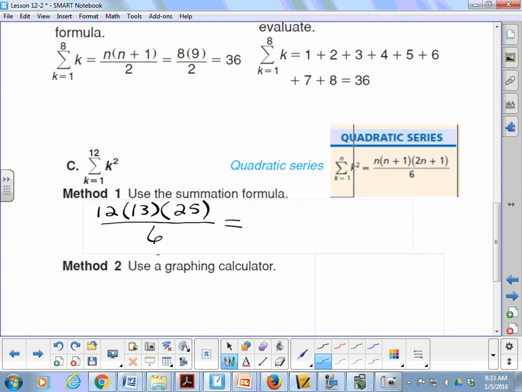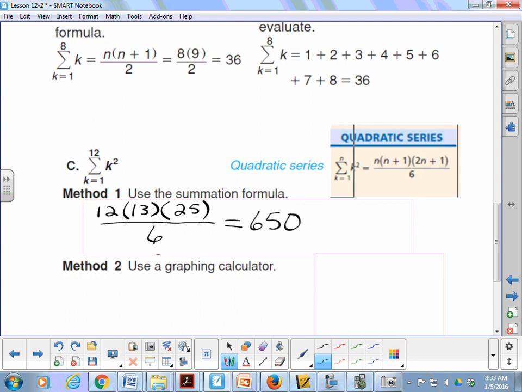Right, so let's see, 25 times 13 is 425, times 2 should be 850. Right? Oh yeah, 650, sorry. My multiplication's off today. All right.